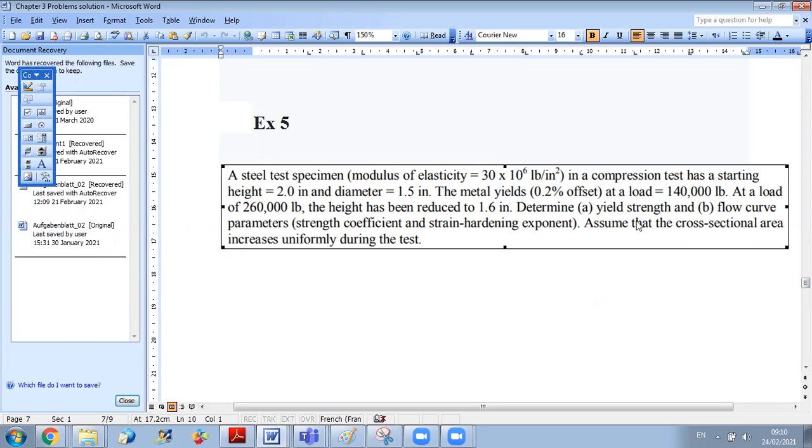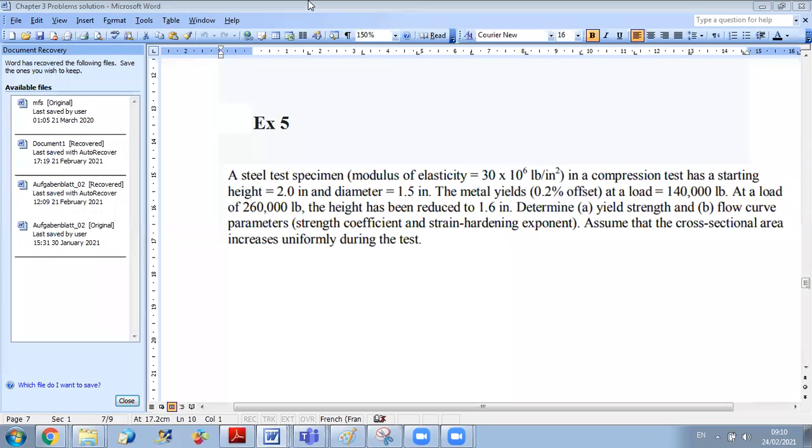So first, we want to determine the yield strength. What is the information provided about the yield strength? We know that the metal yields based on the 0.2% offset method at a load of 140,000 lb. So we have the value of F, and F yield is given.